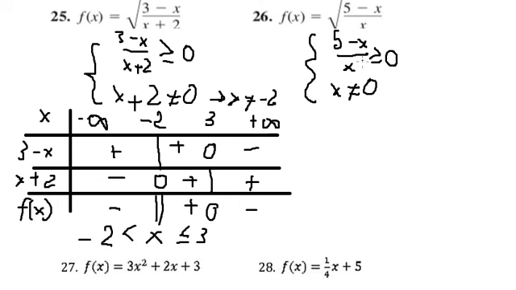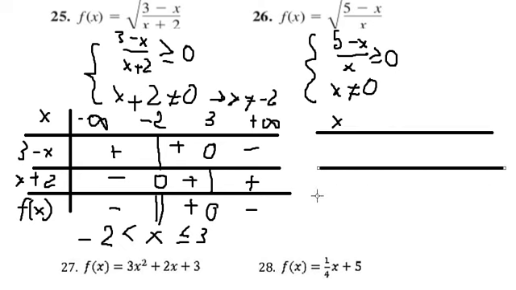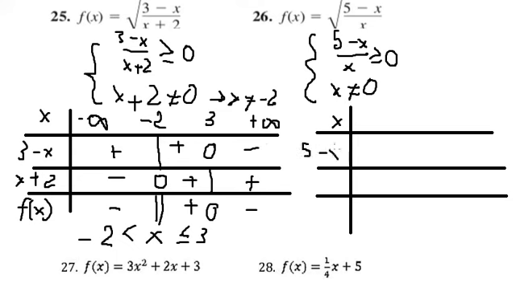Now we do the same for the second one. From negative infinity to positive infinity. About 5 minus s, 5 minus s equals 0.